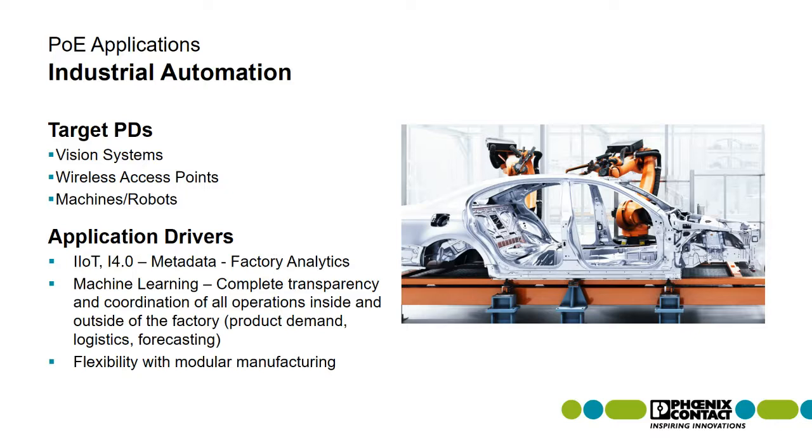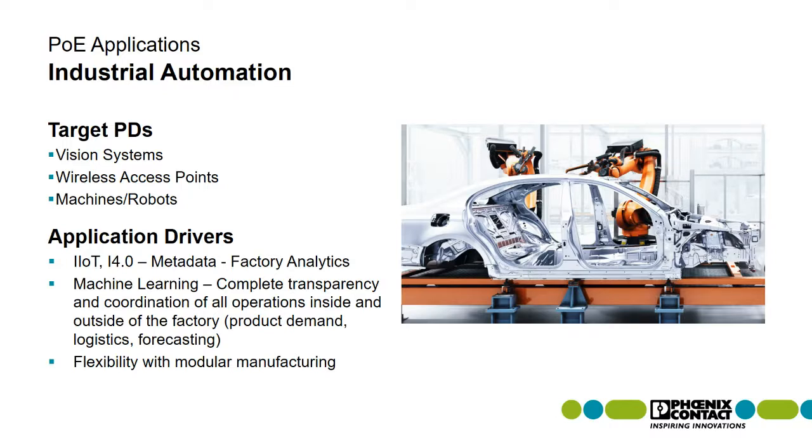Machine learning. There's a need for transparency and coordination of operations inside and outside the factory. Everything from the product demand to production, forecasting, logistics, all can be assisted by Power over Ethernet.